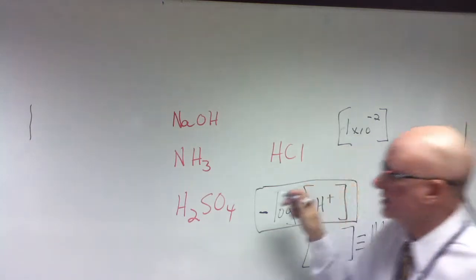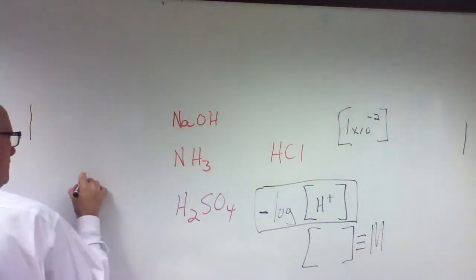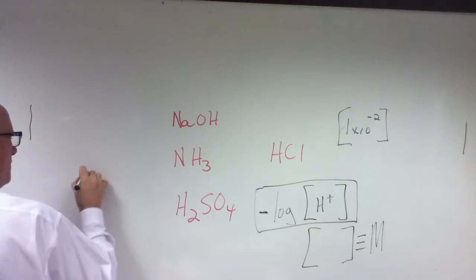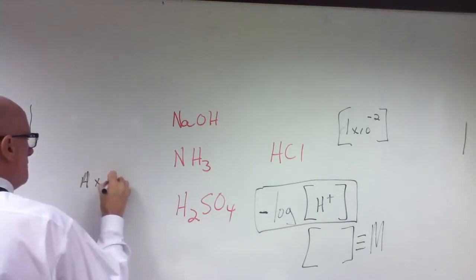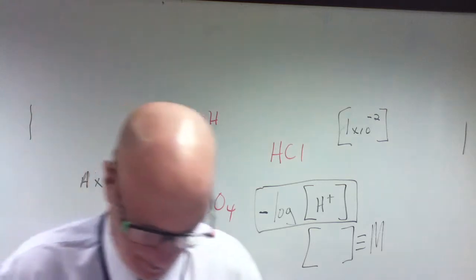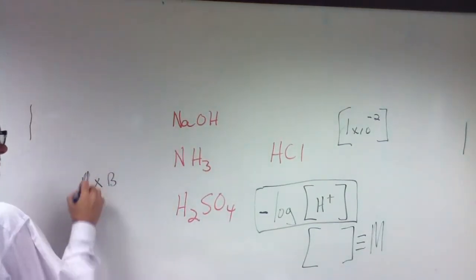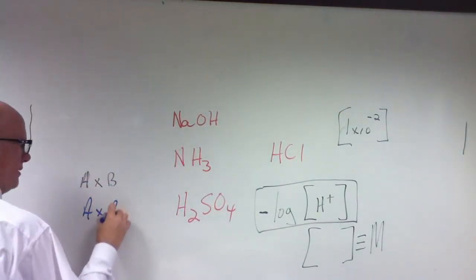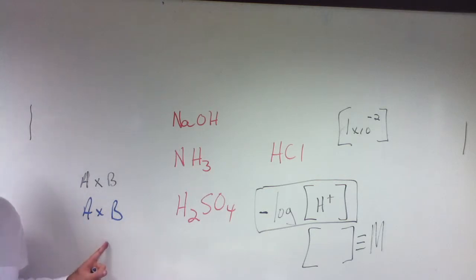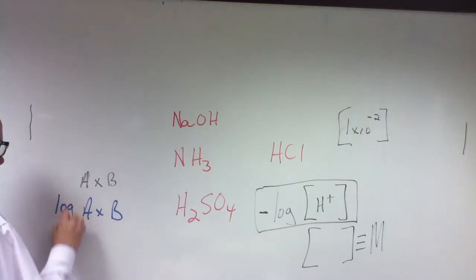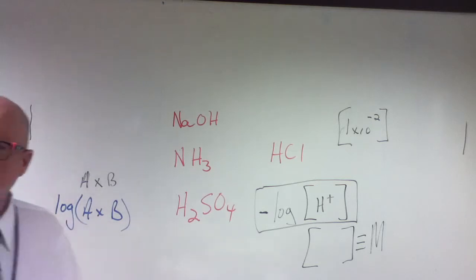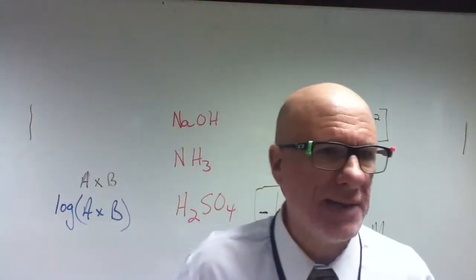The rule is this. If I have A times B, and I take the log of that, what does that break down to?